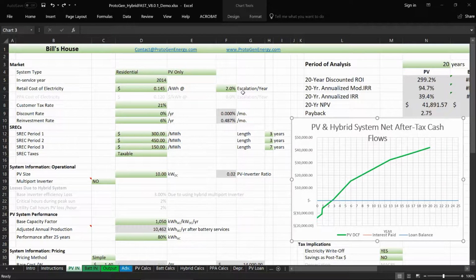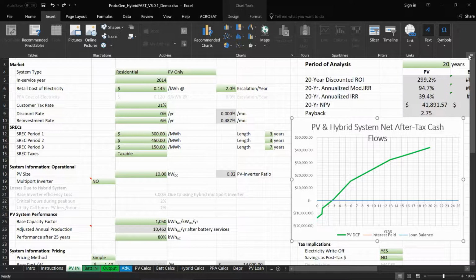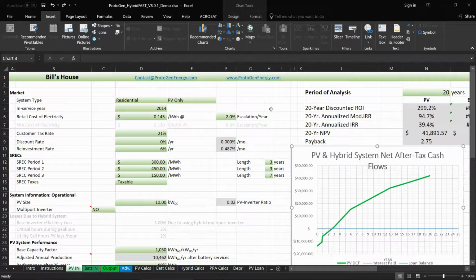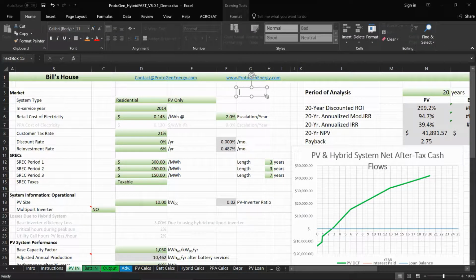But before we do that, I'm going to do a quick little Excel trick so that we can bring the ROI and payback with us as well. So we're going to insert a text box. This one is going to be ROI. We're going to copy it. Control Shift. This is payback. Want some colons here.